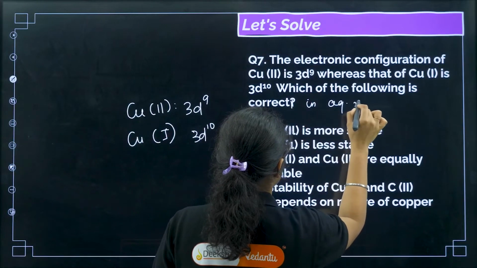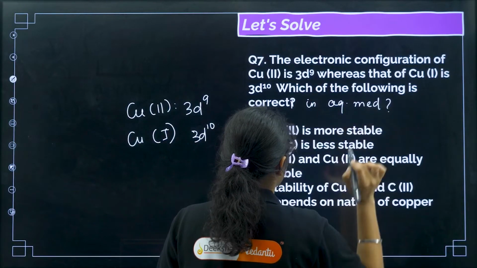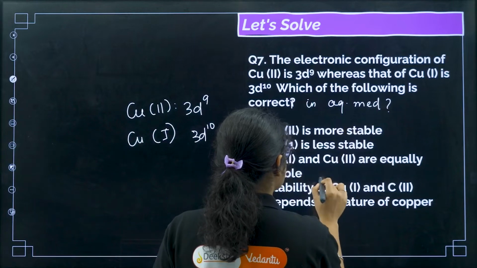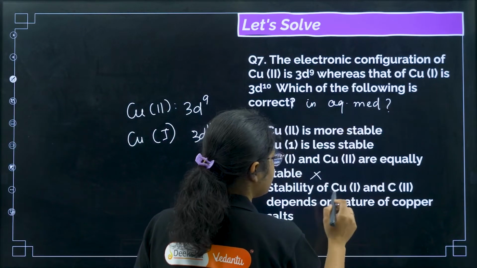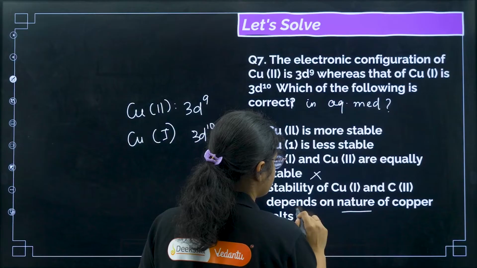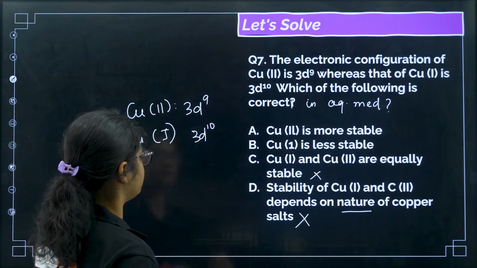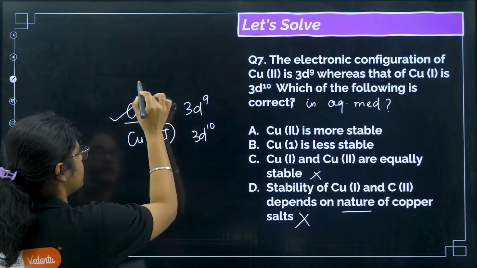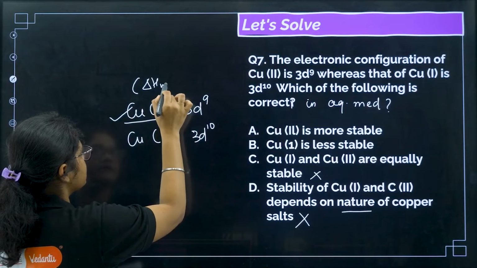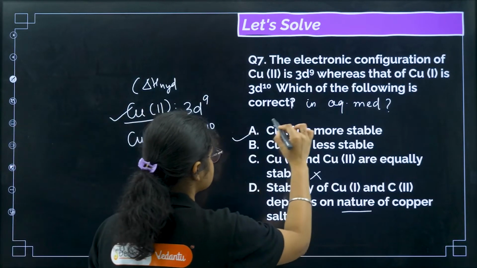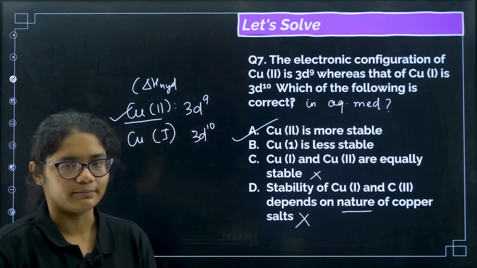They are saying Cu2+, that is 3d9, is more stable, and Cu+, that is 3d10, is less stable. Are Cu+ and Cu2+ equally stable? No. Does the stability depend on the nature of the copper salt? No. As I told you, in aqueous medium Cu2+ is more stable due to negative hydration enthalpy. The correct answer for this question will be option A.